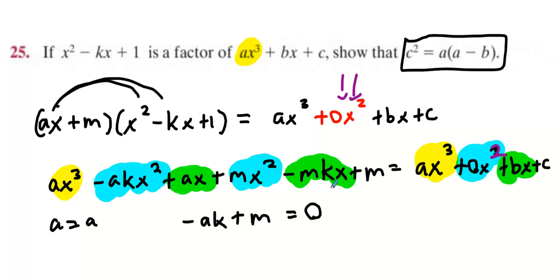The green equation will yield A minus MK equals B.